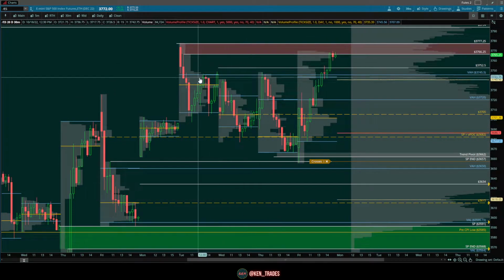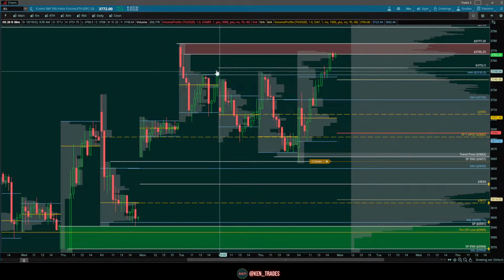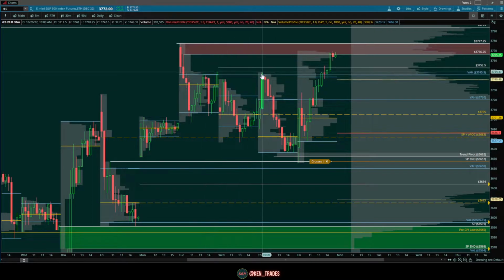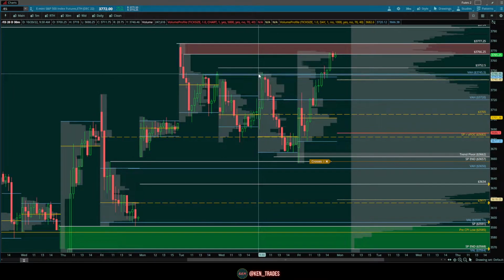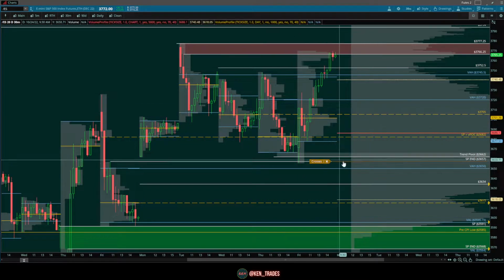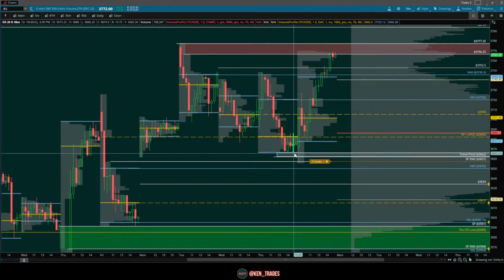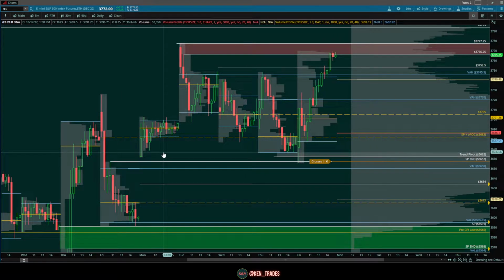You can see over here this value high. We take this as your resistance. This was a pretty decent resistance, at least for this day. From here, if you took a short, this would have resulted in how many points? From 45 all the way down to 70, so it's 70 points. A solid shot.